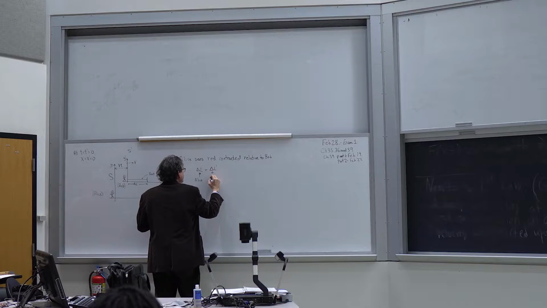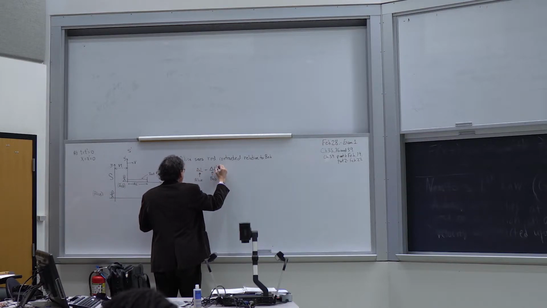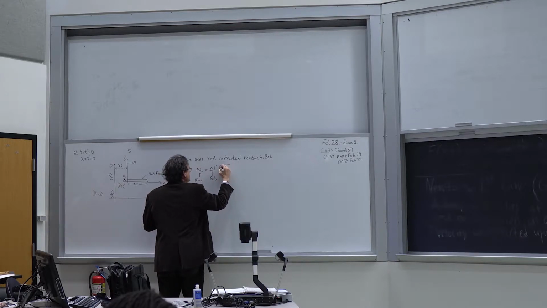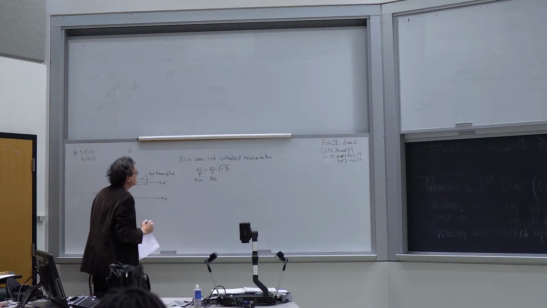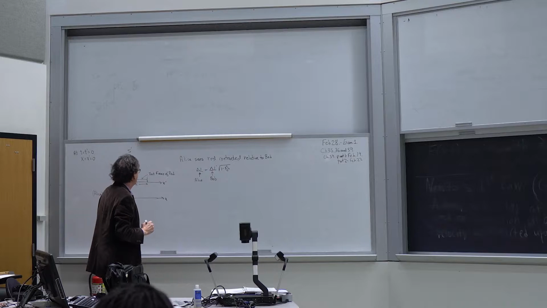So this was Bob's observation. And then times the square root of 1 minus v squared over c squared. Okay? And that is the notion of length contraction.